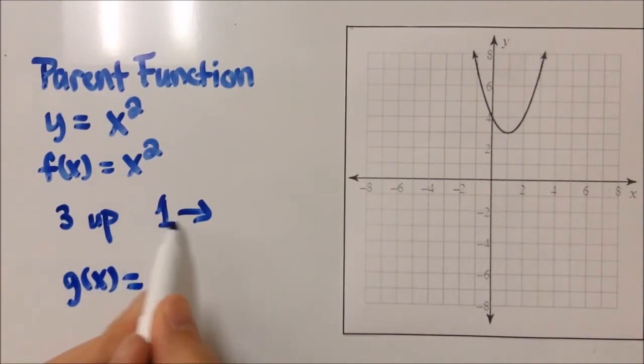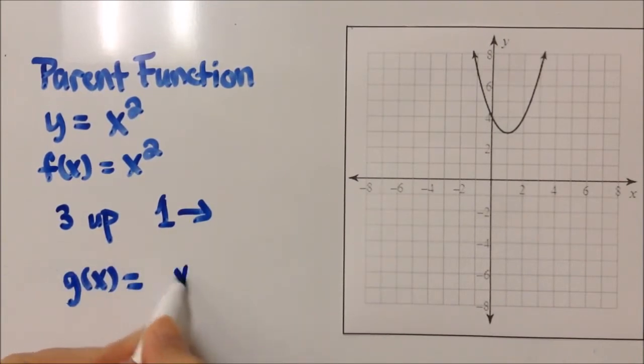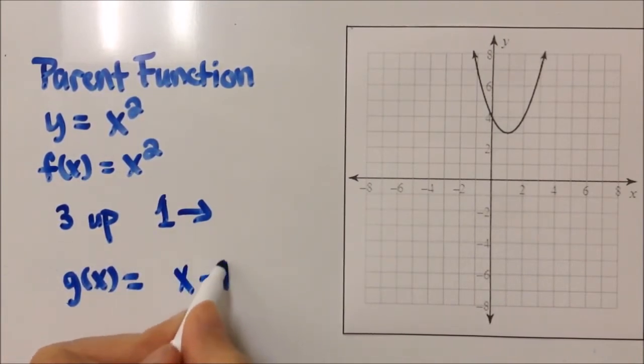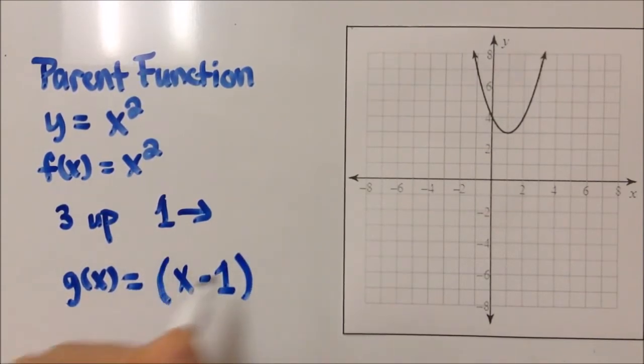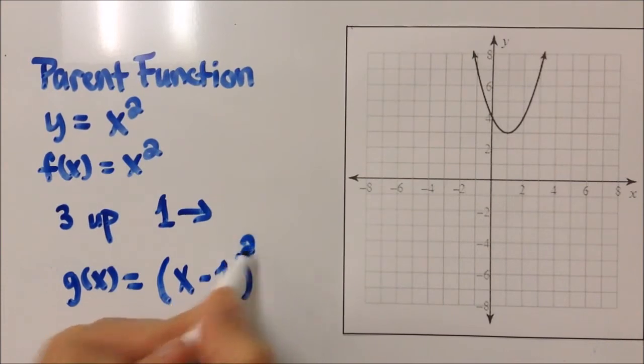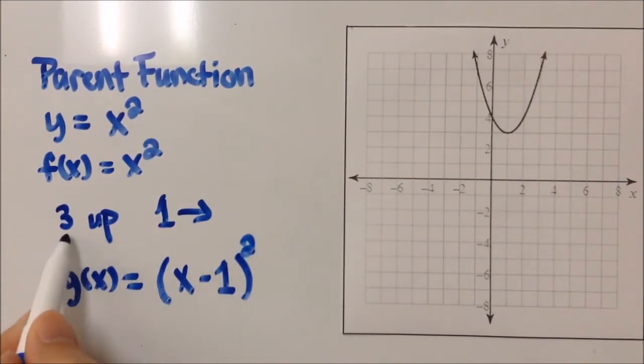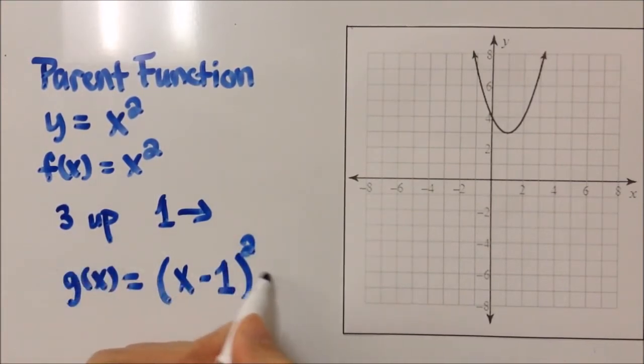Since we have 1 unit where it moves to the right, that means we're going to have x minus 1. And I'm going to put parentheses on it, squared, because it's quadratic. Now we have 3 units up, so that means it's going to be on the outside after the function, plus 3.